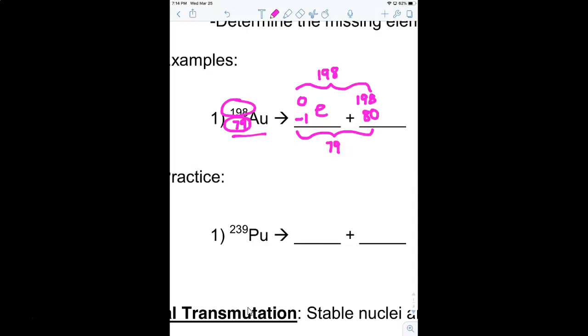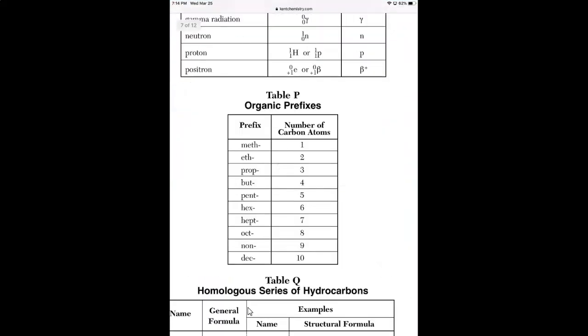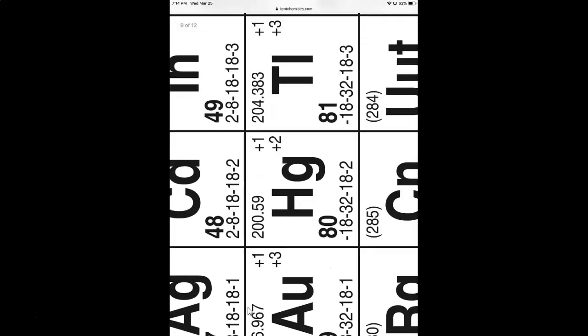So now that I have the mass and the nuclear charge of my missing element, I need to figure out what element it is. That bottom number, the nuclear charge, is the same as the atomic number of the element. So I'm looking for element number 80. I'm going to go to my periodic table and find element 80. There it is.